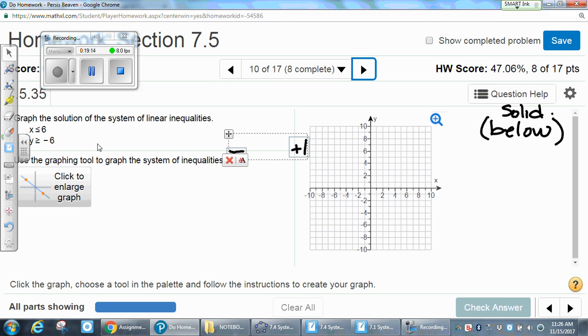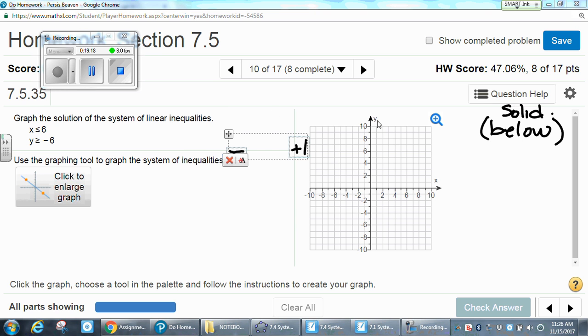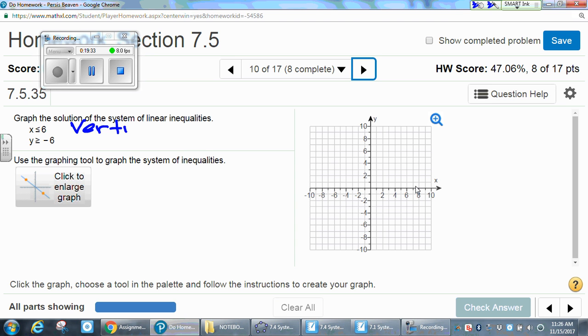Now, what we have here is a vertical and a horizontal line, so this is pretty interesting. And it's actually very simple to graph. So in this case, we're going to have a vertical solid line.